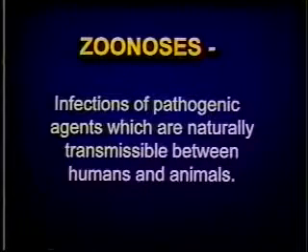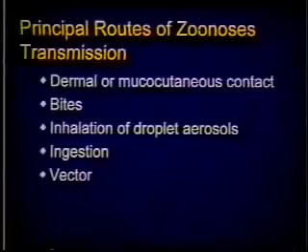Nearly all of these transfers are from animals to humans, but there are a few instances in which humans can also transmit diseases to animals. This transmission may take place in a variety of different ways.